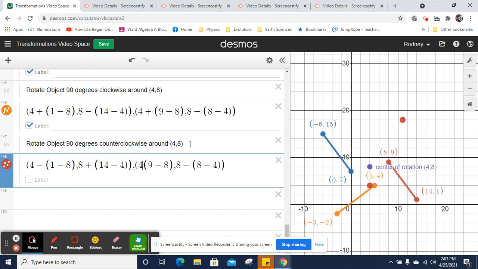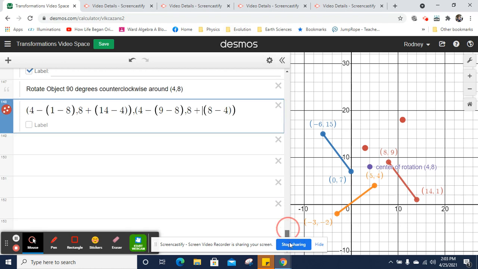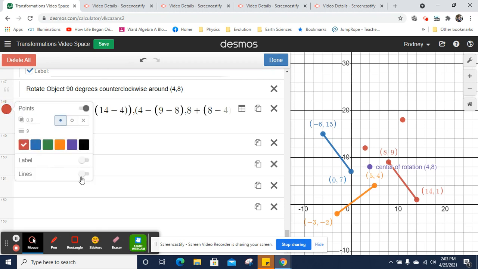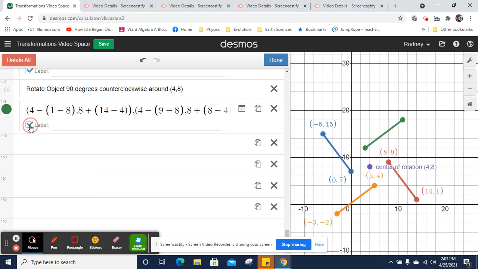Okay, and once again, subtracting the change in the y from x and adding the change in the x to the y. I'm going to change the color and give it a line. So let's give it a line and let's make this one green. There we go. We have rotated 90 degrees around the point 4, 8 with this line in a counterclockwise direction.